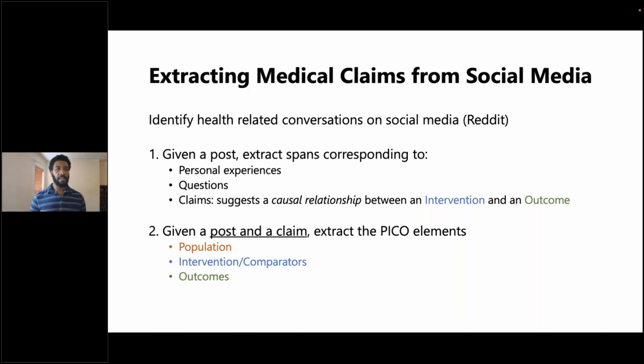First is identifying these experiences, questions, and claims. And then given the post and a claim, we want to extract the PICO elements, the populations, the interventions. And here we conflate interventions and the comparators because they are both interventions, and then also the outcomes.